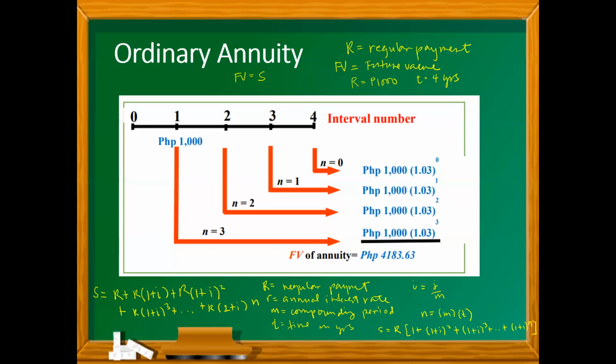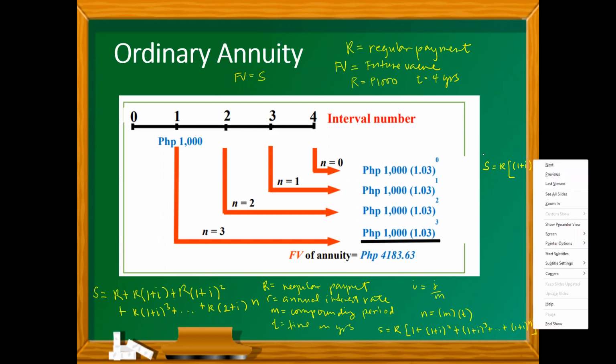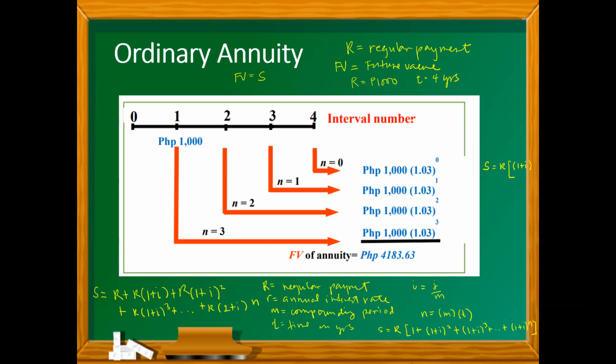Now, applying the formula for the geometric series, we will come up with the future value S equals R times quantity 1 plus i, which is the common ratio, raised to the n minus 1, all over 1 plus i minus 1.